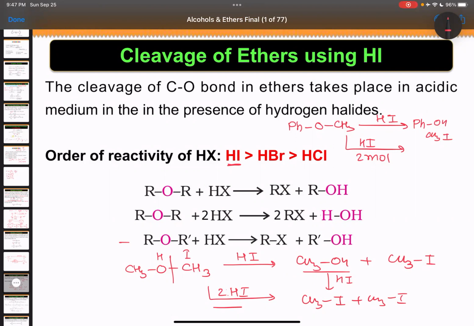And what about the second one, if you took 2 moles? PhI and CH3OH, that's what we did. But here there is a slight change. Actually, you need to know that this bond is not going to break.